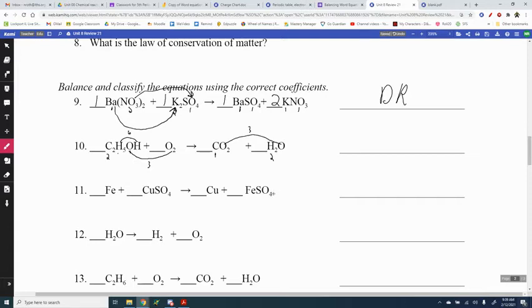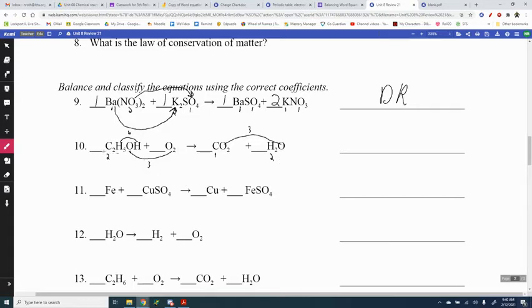Okay, so this is not balanced. When you have something in two different places on one side, it's best to save it for last. So these oxygens that are in two different places here, we're just going to save those for last. We're going to balance other stuff first.